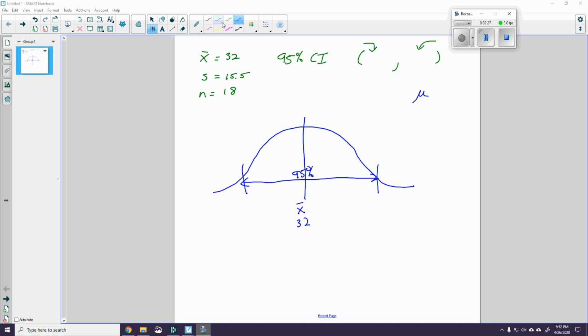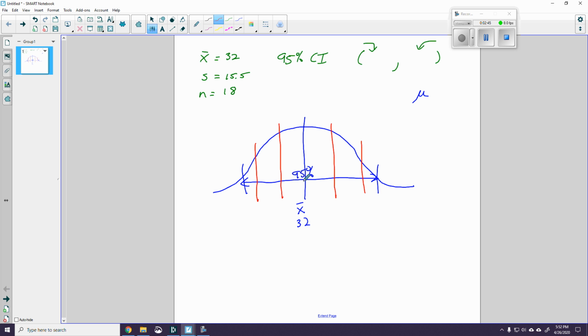So I know that the T curve is a little bit wider than the Z curve. So I know that I'm going to have one standard deviation here and two standard deviations here, and one over here and one over here.